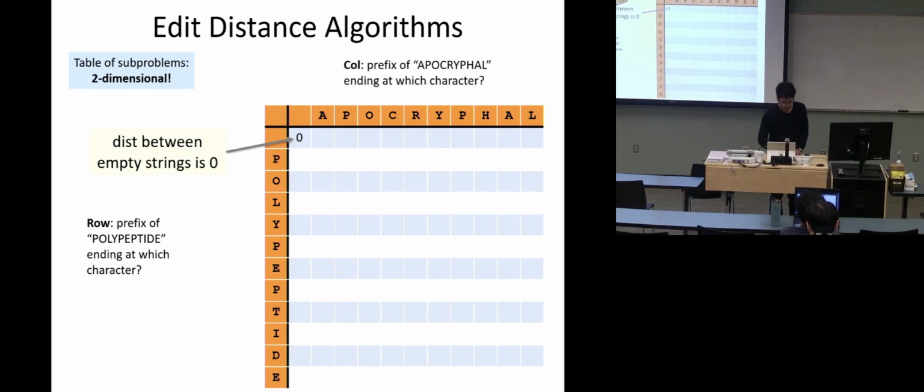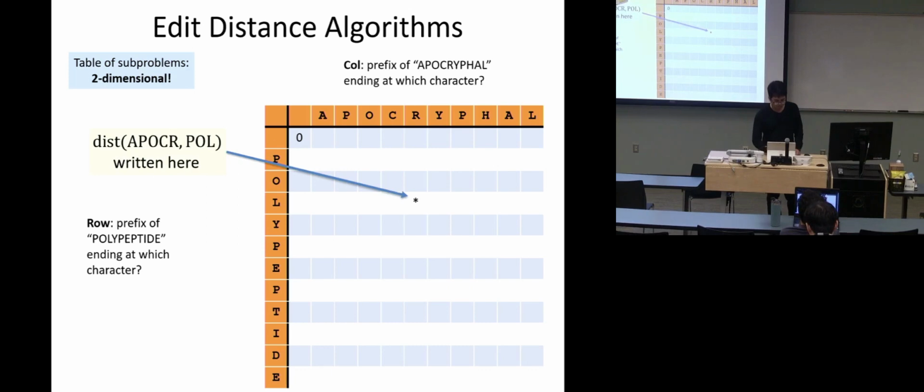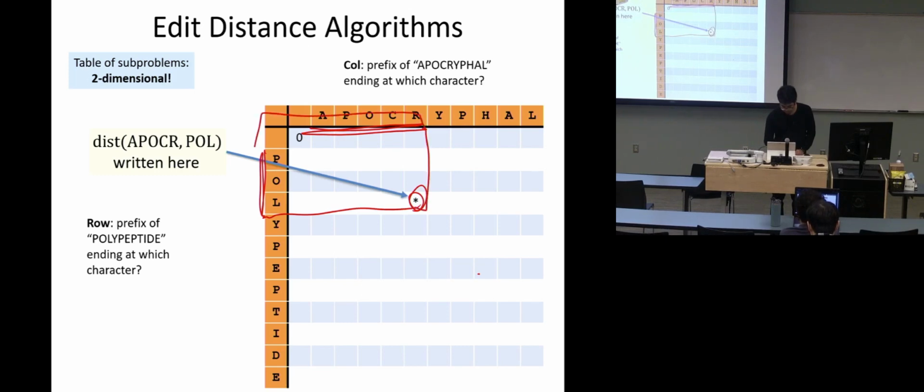That is, you put 0 here to indicate that this is the distance between two empty strings. And each point here should mean that this is the distance from this word and this word. Okay. So what you want to compute is just the last entry in the table.